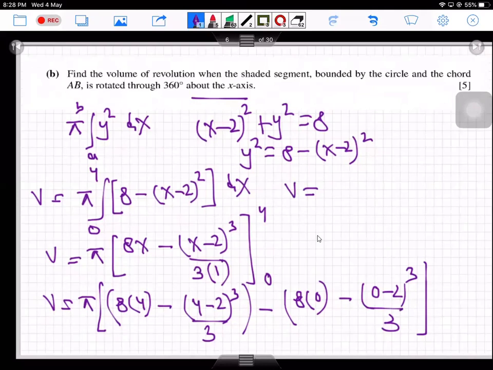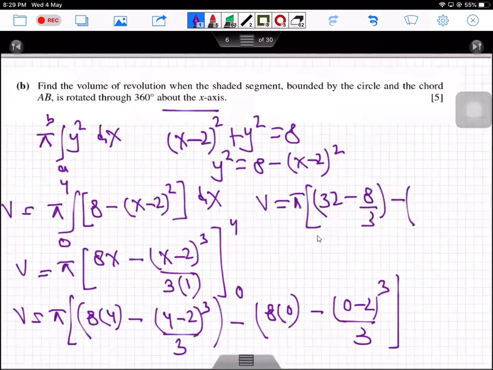So volume is equal to pi multiplied by 8 times 4, which is 32, minus 8 over 3, and then minus sign, and this is minus already over here, and this is minus 8 over 3, so this will become positive 8 over 3.